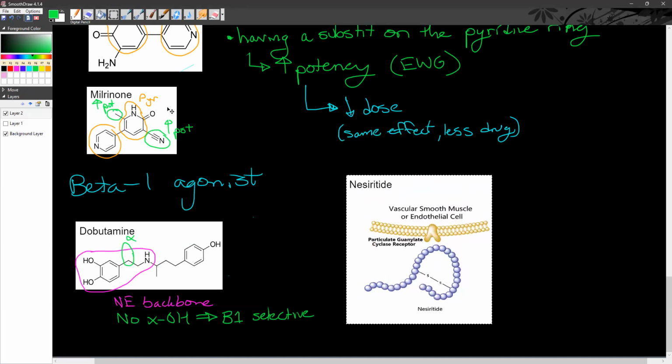Nesiritide is a new drug. It's kind of an interesting molecule. Essentially, it is the recombinant version of natriuretic peptide. If you remember when we talked about heart failure in Thera, BNP is a way of measuring the damage on the heart, right? The heart releases BNP, natriuretic peptide, when fluid is high.